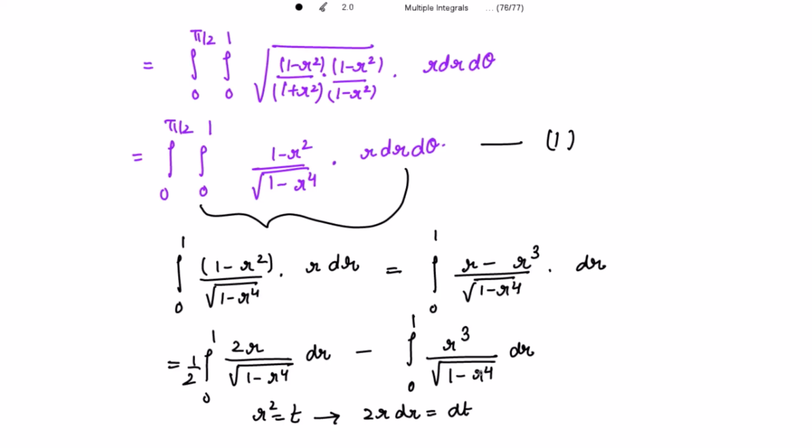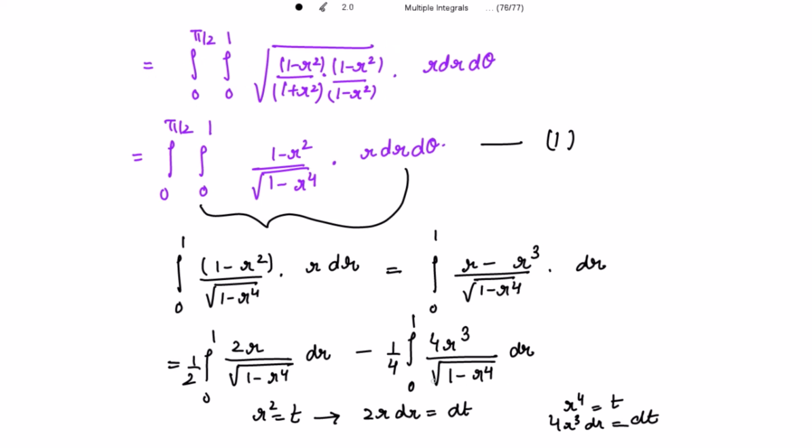And then for the second integral, I put r power 4 equal to t, and then you get 4r cube dr equal to dt. To get 4r cube dr, just multiply and divide by 4. Just put this value.